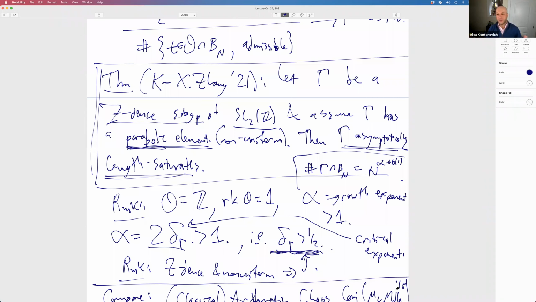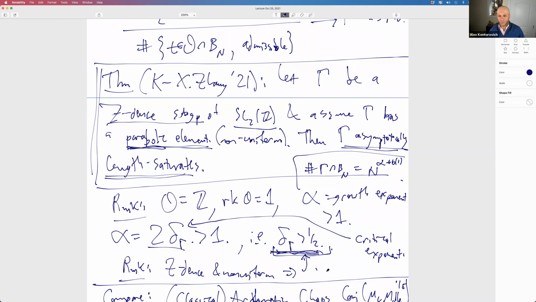So there would be no hope if we didn't have enough points in the group to produce the traces we're looking for. And in this case, we can go all the way down to the limit of that requirement, as opposed to Zaremba, where we need some much larger growth exponent. Those were the two distinctions I wanted to make.